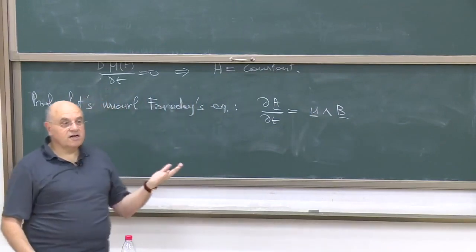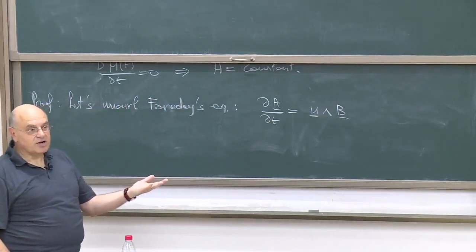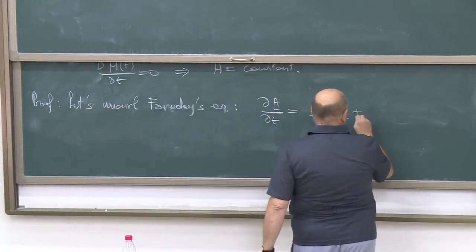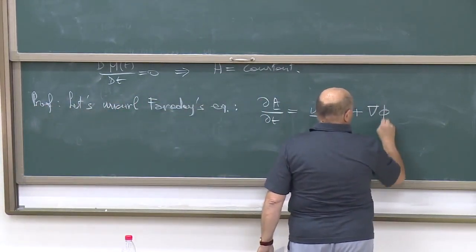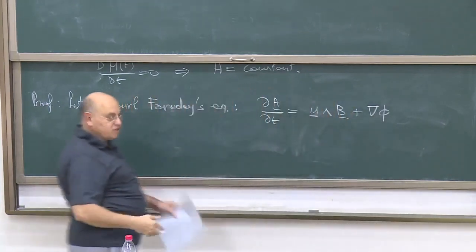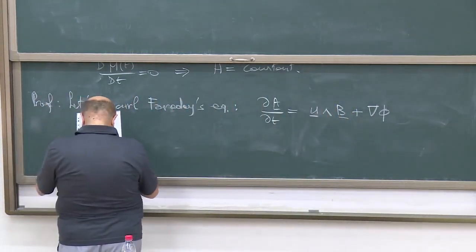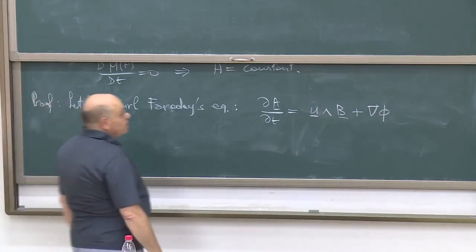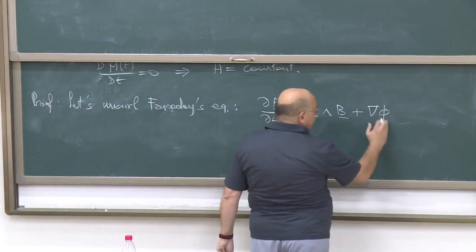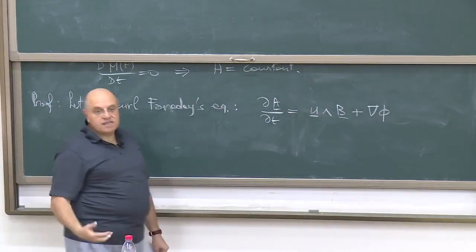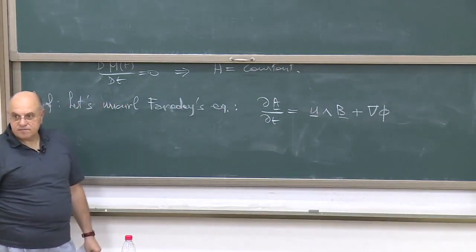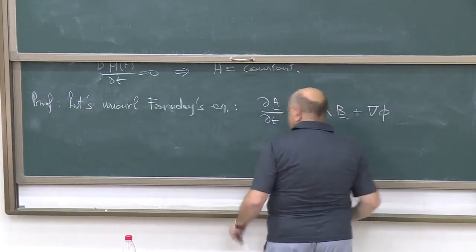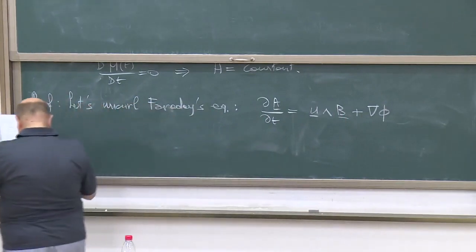If you uncurl, you have to have constants of integration. So we have a constant of integration here that we will call grad phi, a potential associated with a gauge. This grad phi, being a gradient, has its curl 0. So we take this quantity to be like that.